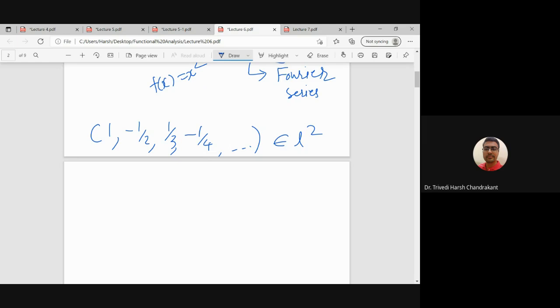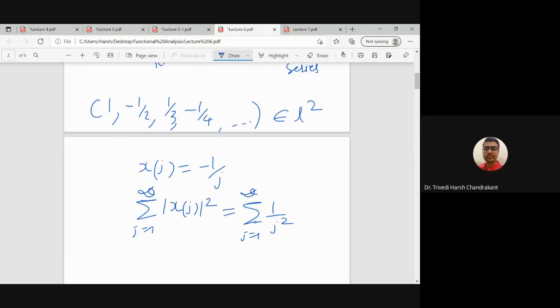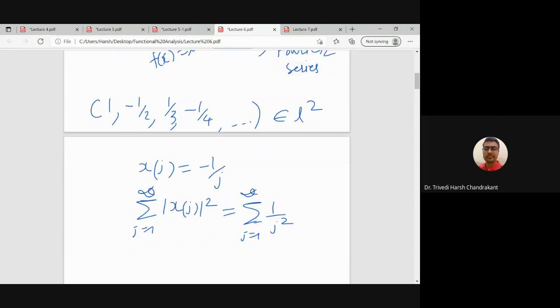The jth term is xj, minus 1 upon j. So summation modulus xj square is essentially summation 1 upon j square, j from 1 to infinity. So this is basically the summation 1 upon n square series, and that is convergent. We know that. So therefore this belongs to L2.